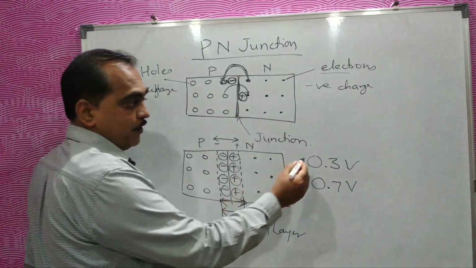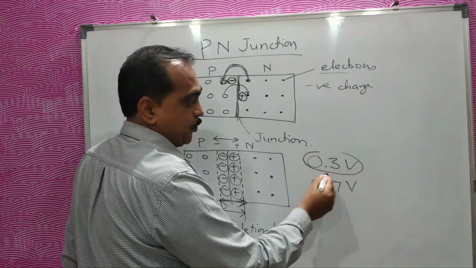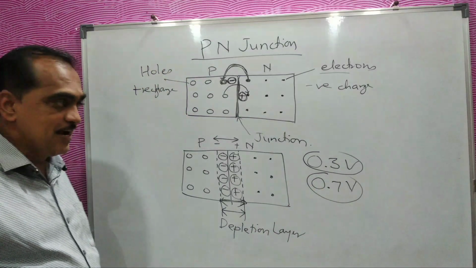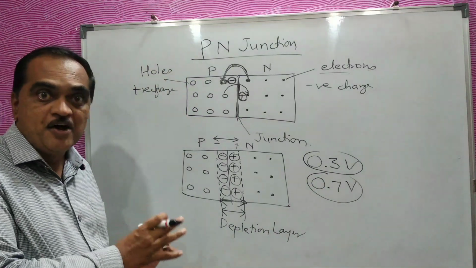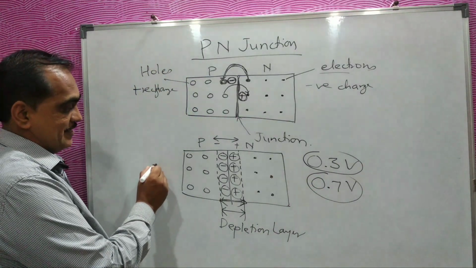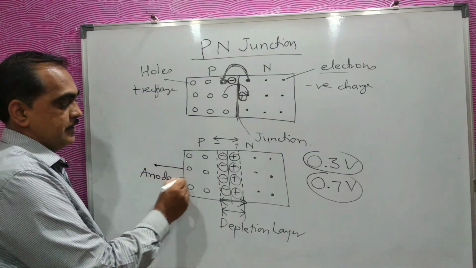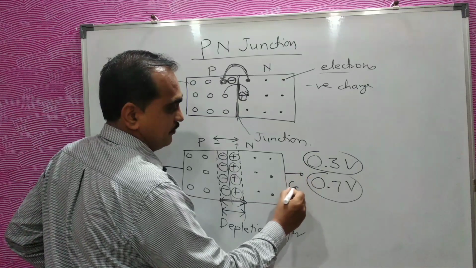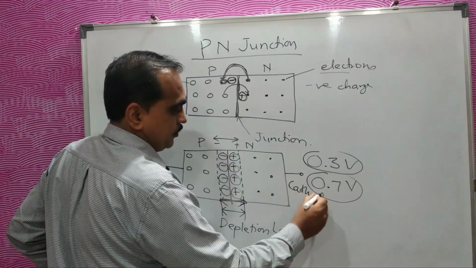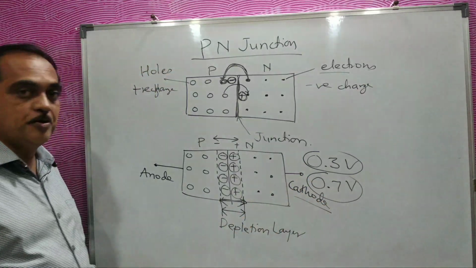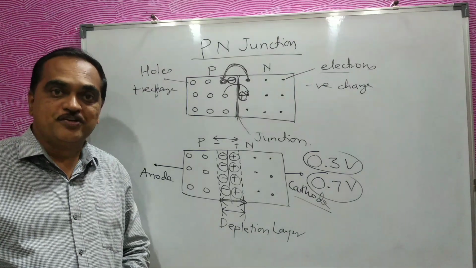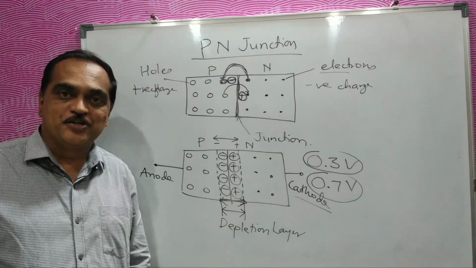Whenever you want to use this device, you can use this terminal named as anode and this terminal named as cathode. This is how you can use your PN junction. So it is nothing but your semiconductor diode.